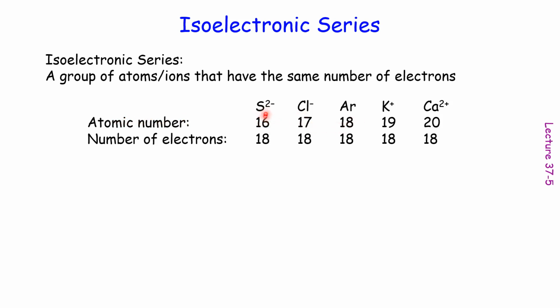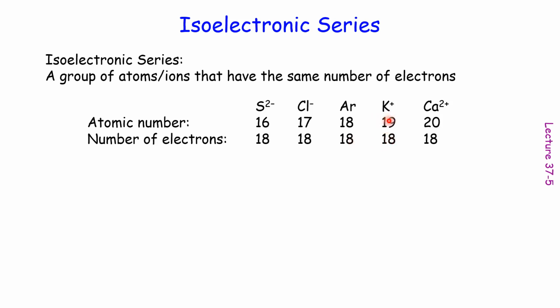So for sulfur atom, 16 electrons, but gaining 2 electrons becomes S2-. The number of electrons for S2- is 18. Chlorine atom has 17 electrons, gaining 1 electron, 18. Argon atom has 18 electrons.